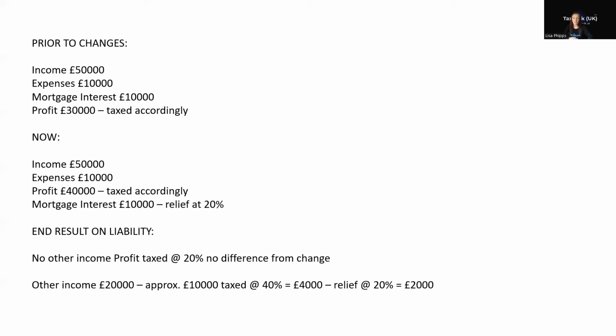And so you're going to pay £4,000 on that £10,000 of profit. And then once we factor in the mortgage interest, you'll get the relief on the £10,000, but that will only be at 20%. So you'll pay tax on the profit of £4,000, but you will only claim £2,000. But as you can see, you still do get some relief.